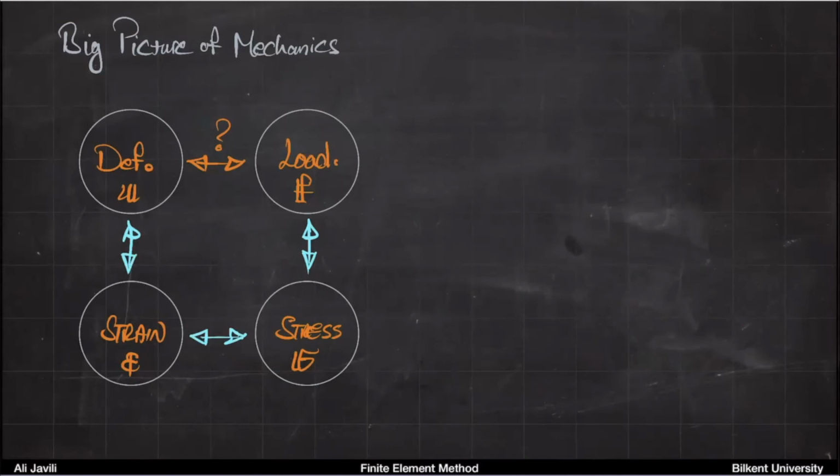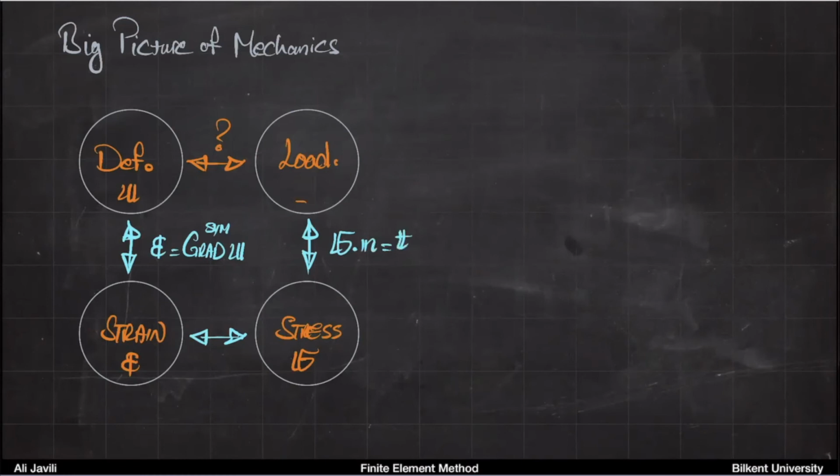So you need to use your definition of strain in terms of the gradient of displacement. By the way, this is the symmetric gradient of displacement. That would be the connection between strain and deformation. And then between stress and load, if this was sigma and n is the normal to the surface, T would be the traction.